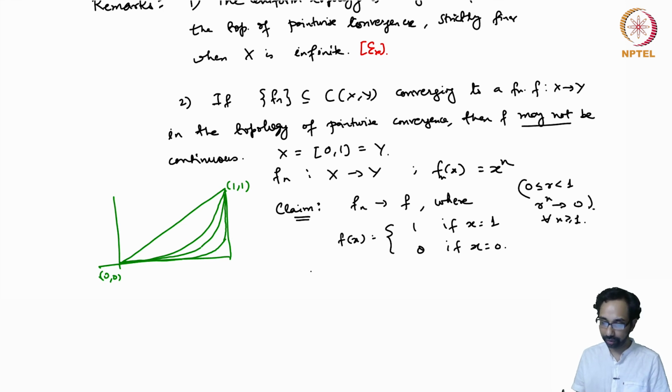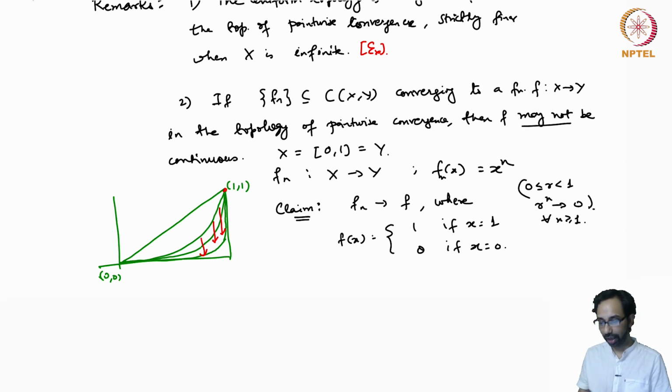However, for the point at 1, 1 to the power n is equal to 1, so that has to be fixed. But all the other points go to 0. So all points here go to 0.